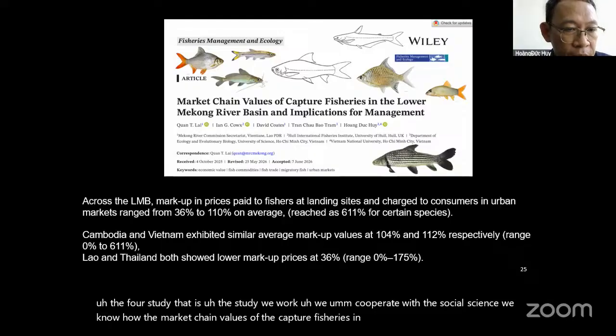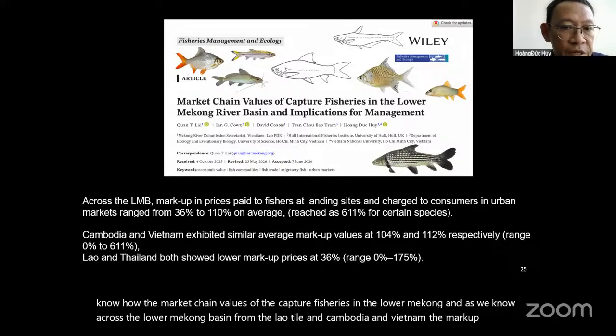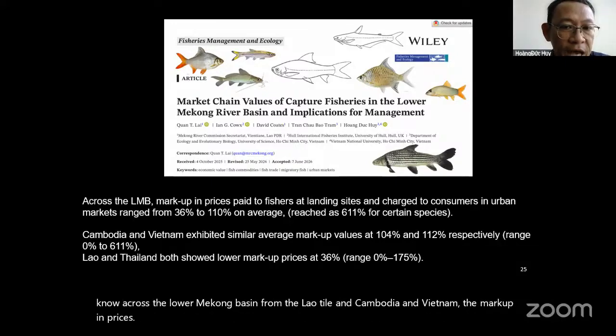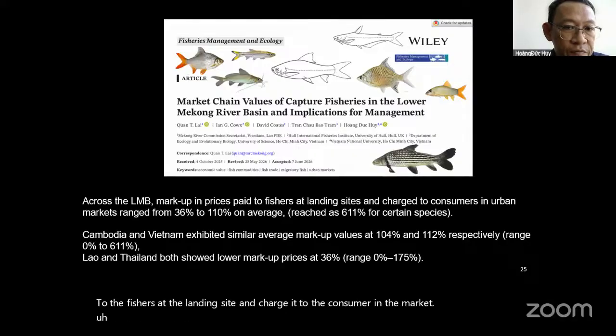Across the lower Mekong basin, from Laos, Thailand, Cambodia and Vietnam, the markup between the prices paid to the fishers at the landing site and the prices charged to the consumer in the market ranges from 36 to 150% on average.